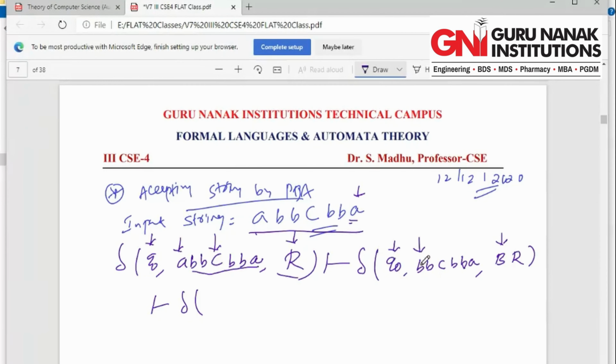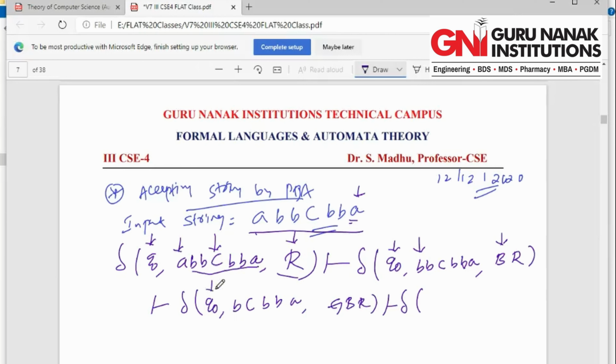The push rule, input is capital B, inserting. The next state is Q naught. The remaining input is B, C, B, B, A. Then the top of the stack is G. Which symbol is inserted? G. Then G, B, R.